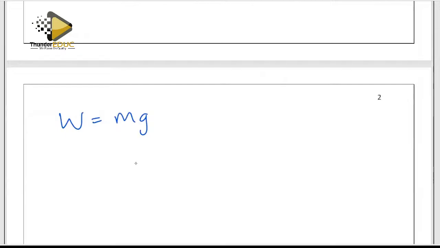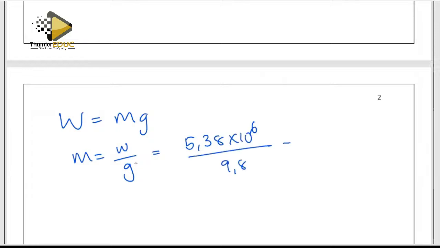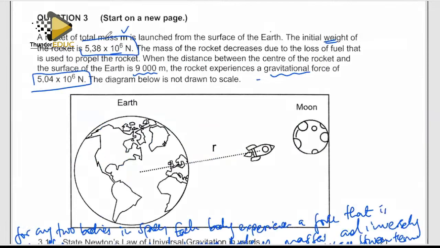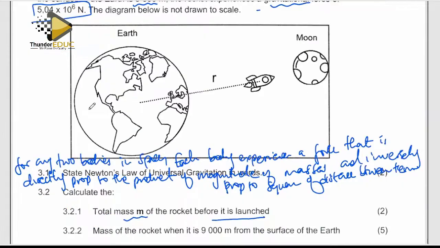So for us to get the mass, we shall get the weight divided by g, meaning we take 5.38 times 10 to the 6 and divide it by 9.8. This gives us 548,979.59 kilograms. All right, then we move on to 3.2.1.